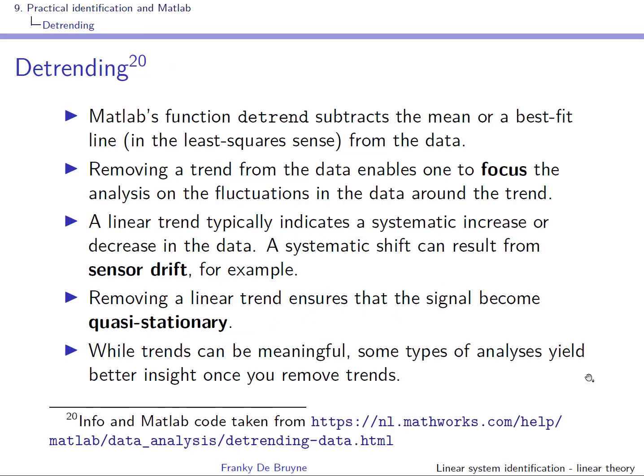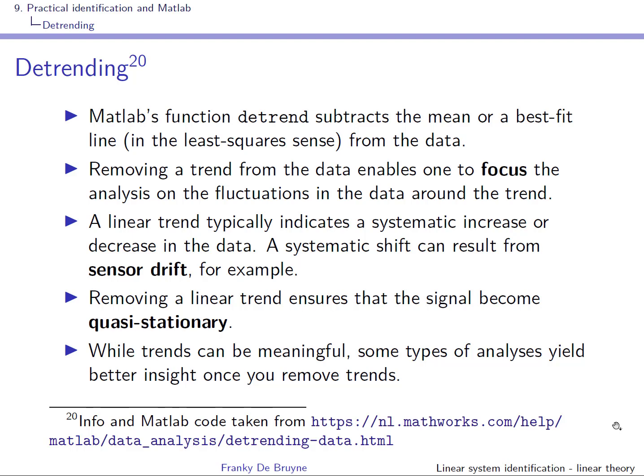As said before, you can use Matlab's function Detrend as a pre-processing tool, and it subtracts the mean or a best fit line in a least squares sense from the data. So removing a trend from the data enables one to focus on the fluctuations of the data around this trend. In most cases there will be no trend. You will be working around 0, so that you can focus on the fluctuations around the working point.